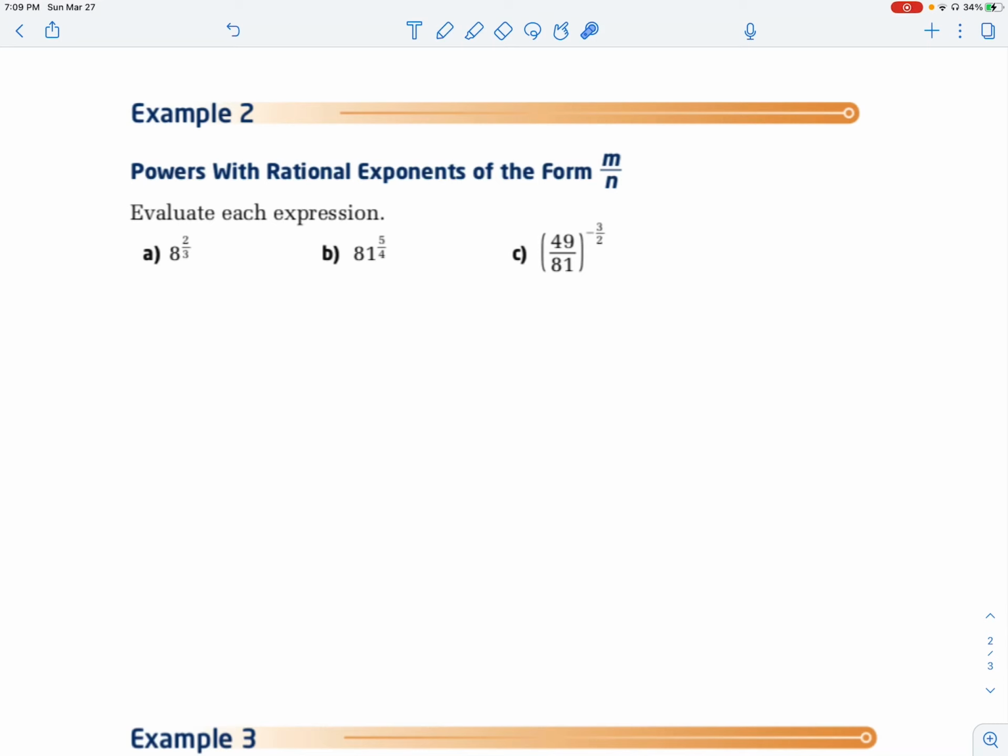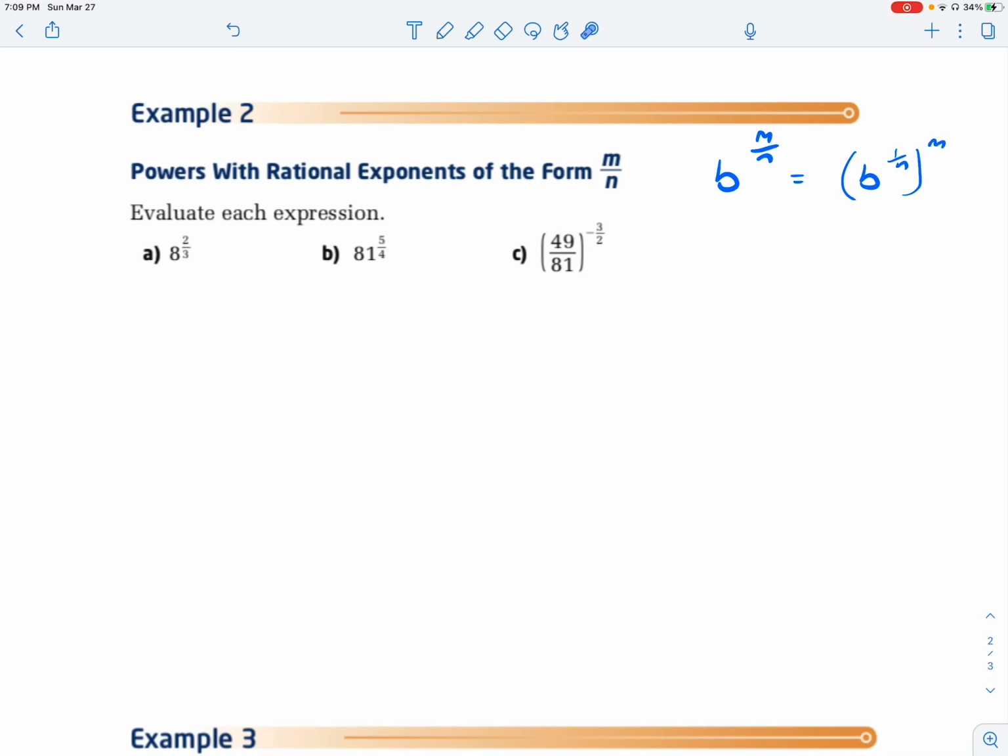Before we start doing these, I'm going to give you the general rule. If you have a number b, that's our base, raised to the exponent m over n, what this means is we have b raised to the exponent 1 over n, and then all of that raised to the power m.